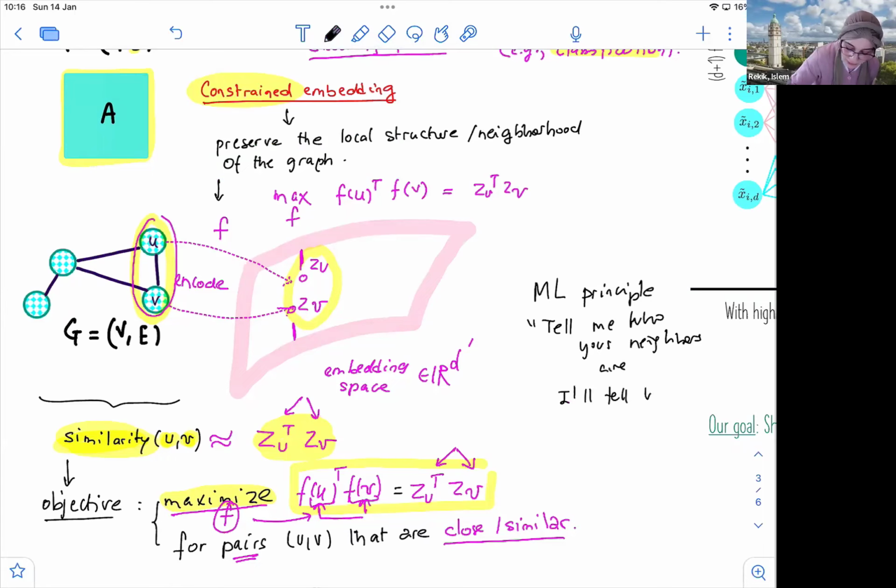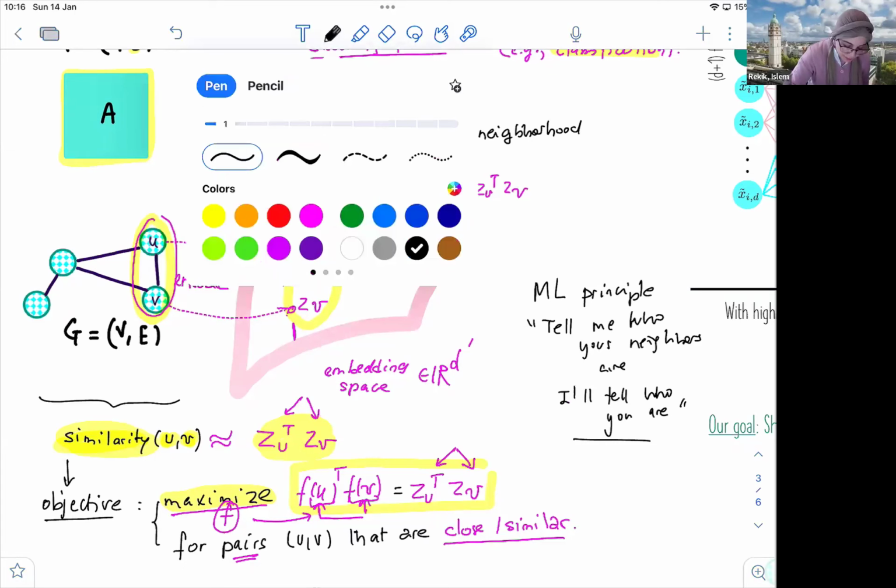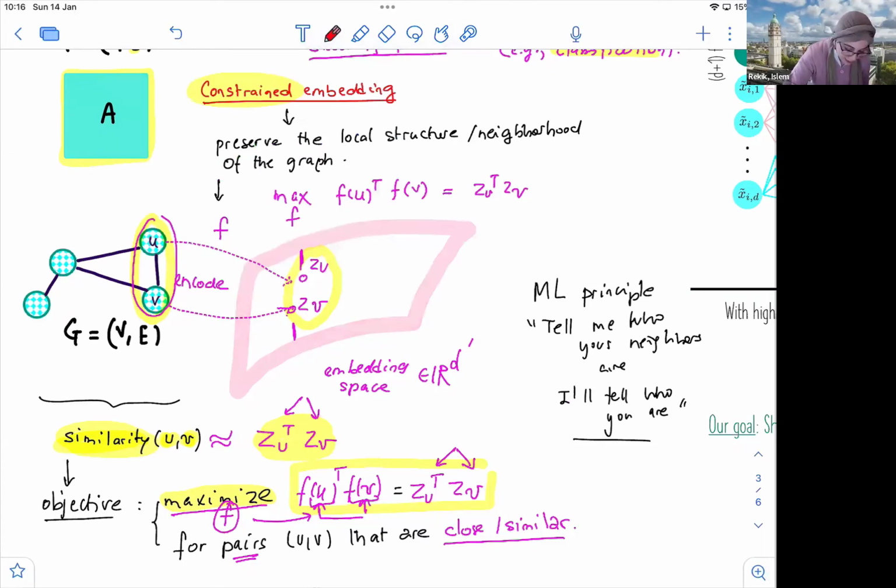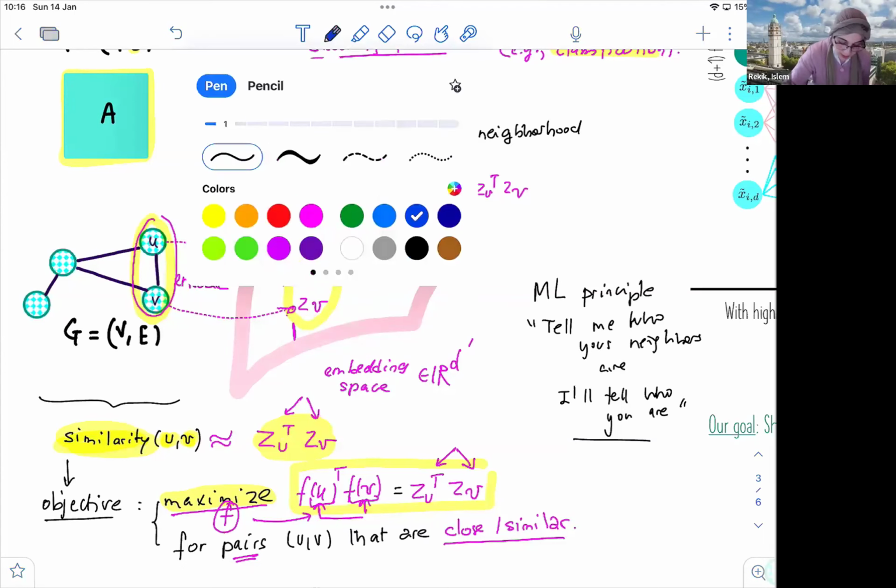This is the neighborhood preservation, because if I know that this node is close to these two nodes, and these two nodes have the same label, I would hypothesize that this node would share the same label. This principle is very important. And now let's move next.